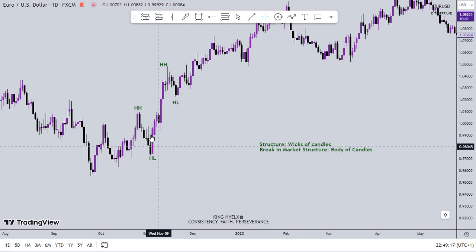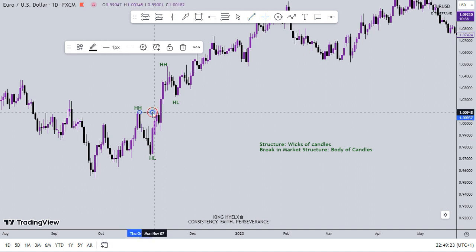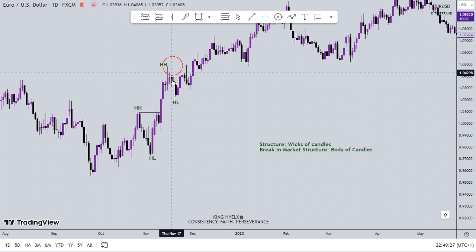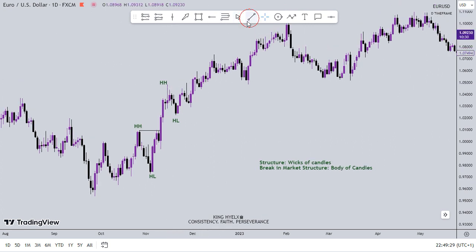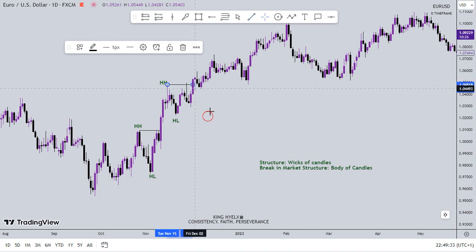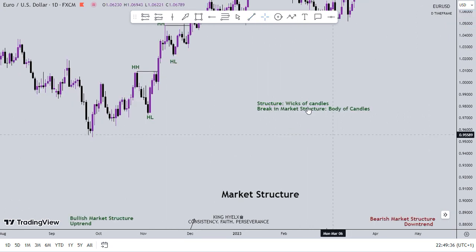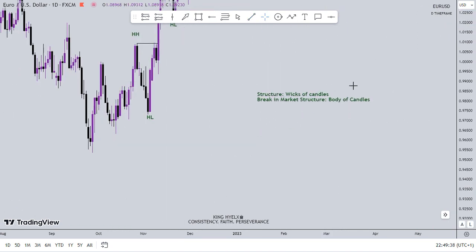So at this point, our higher high will be this point here, the top of this wick, right? That's our new higher high. So this higher high is also this point, the top of this wick, right? But at what point can we say we've had a valid break in market structure? It's when the body of the candle closes above the wick, right?